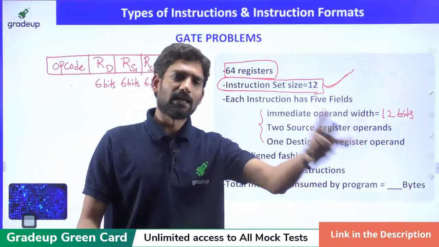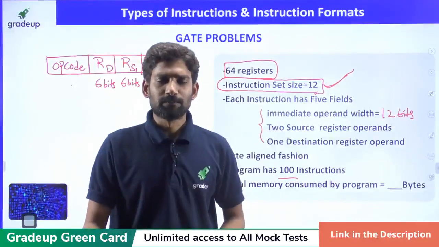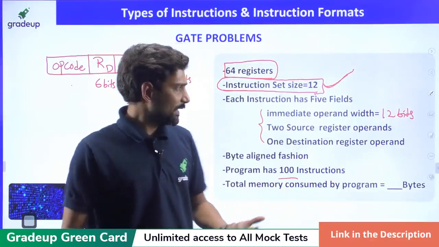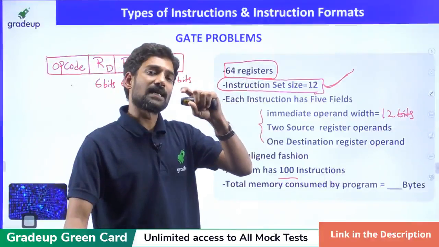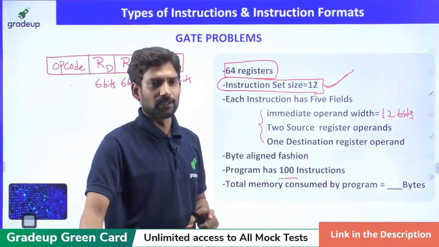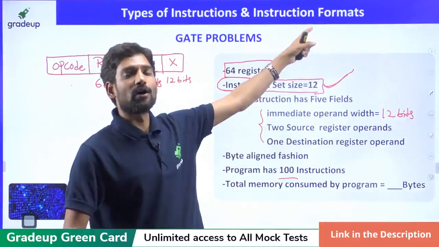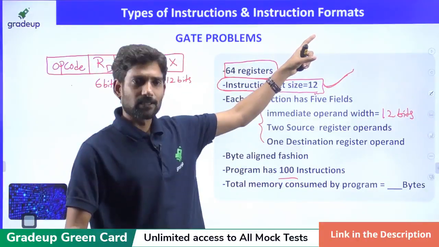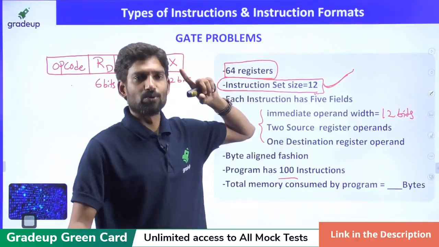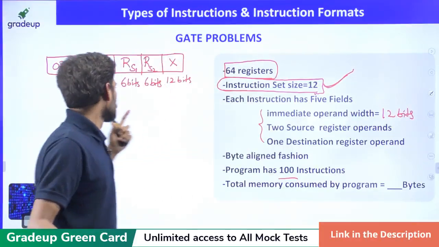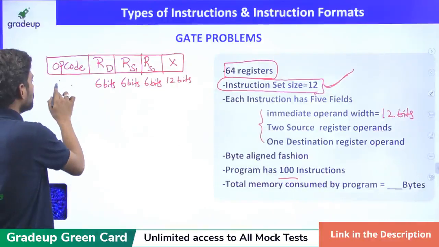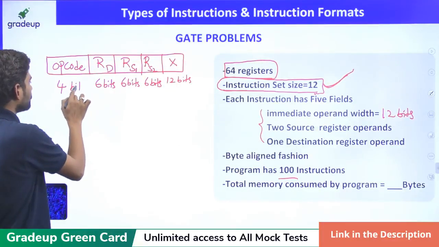One time one value, other time another value will not be there, no? So always the instruction set size is the parameter for the opcode. This indicates the number of instructions, number of opcodes. So how many bits? 4 bits.